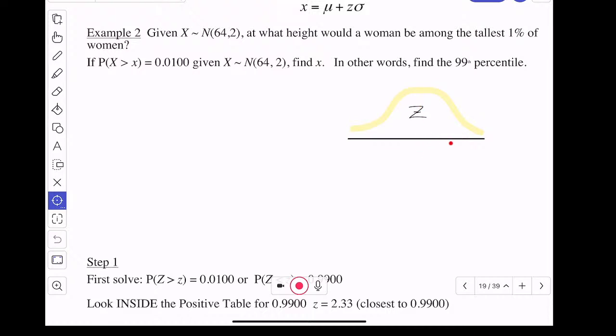Over here, you're among a smaller group of women. Maybe about here is 1%. So this is where I want to look, where this is 1%. This denotes statistical notation for what I've drawn here. This is the position in terms of standard deviations from the mean, but then I have to convert it to the units of the problem.